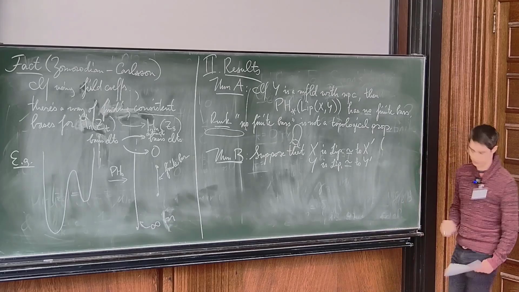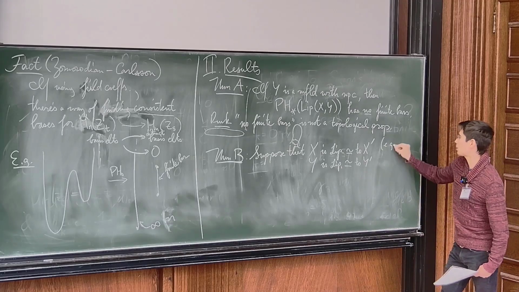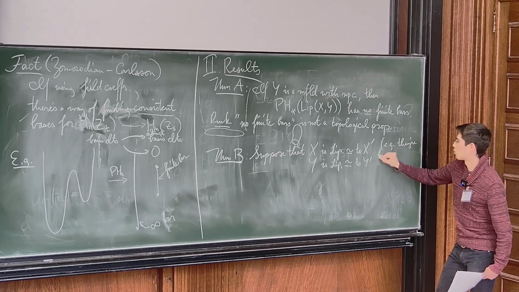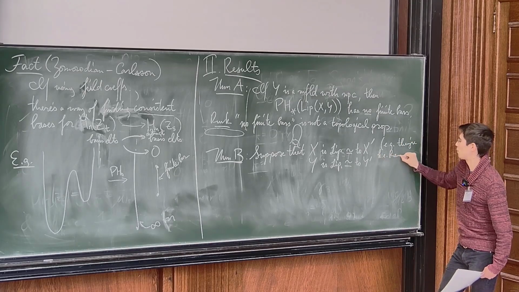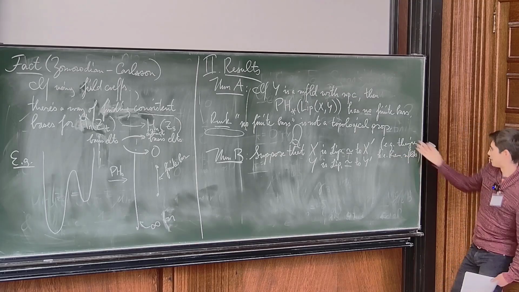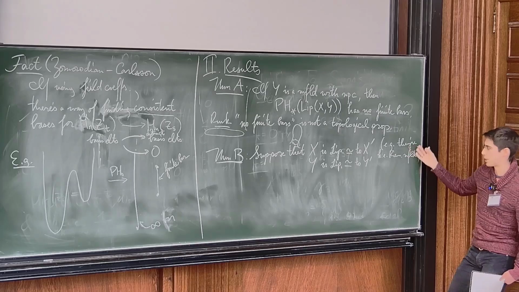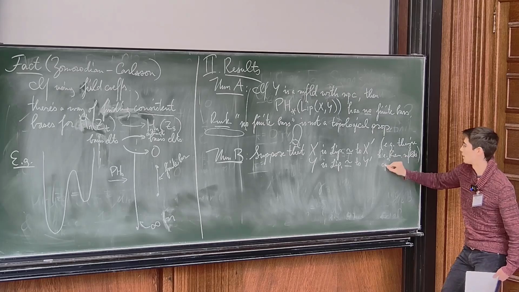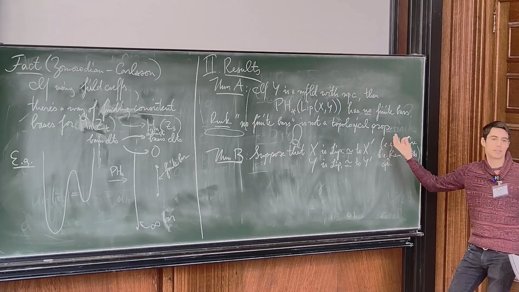And here you can think, for example, they're homotopy equivalent Riemannian manifolds, because any continuous map between compact Riemannian manifolds, you can make Lipschitz.